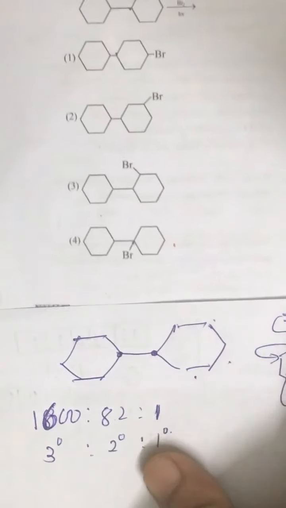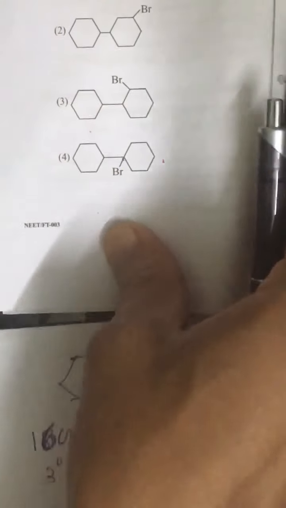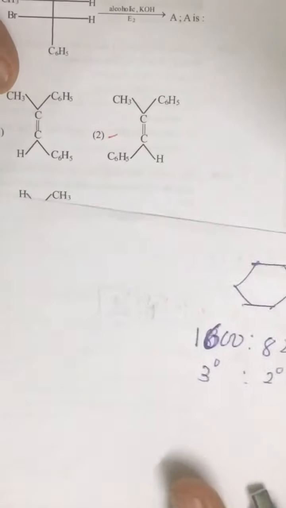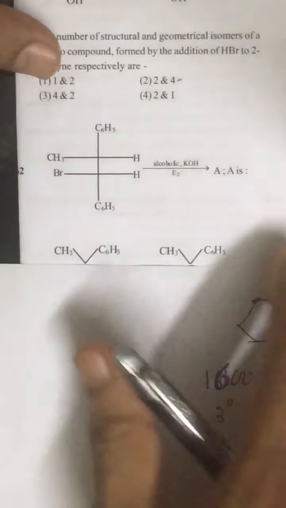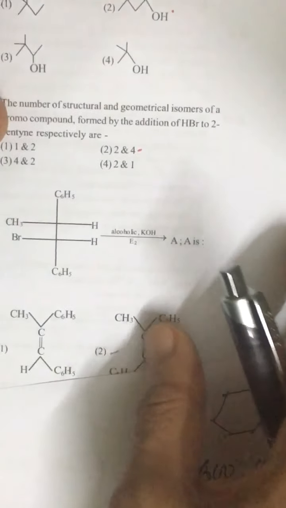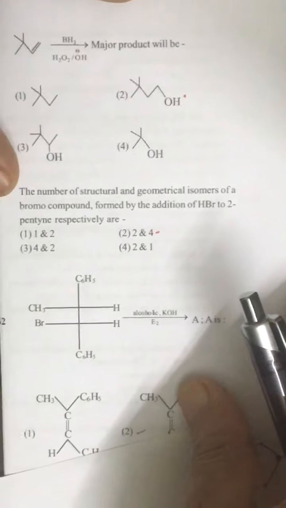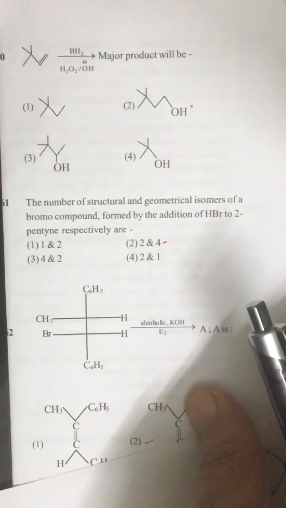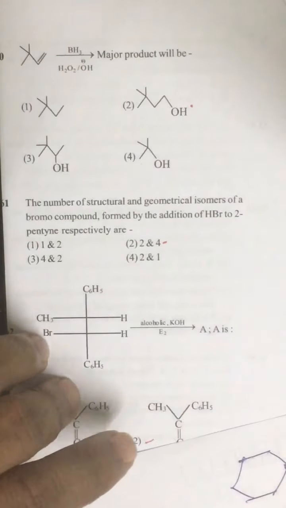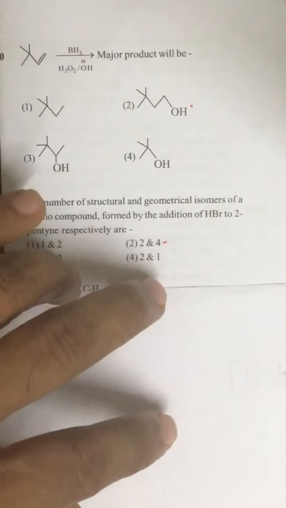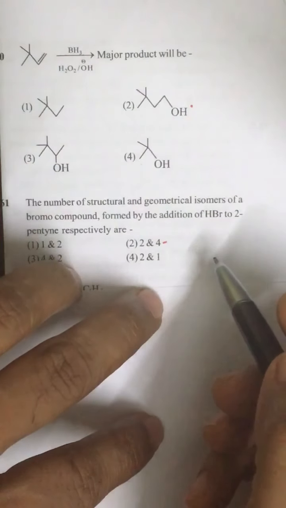Alright, 59. Now look at question number 6.0. In question number 6.0, we have one alkene, and it undergoes the HBO reaction.